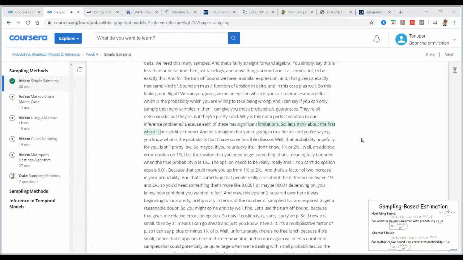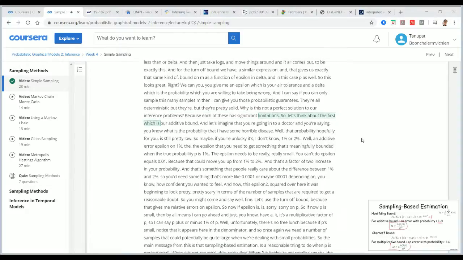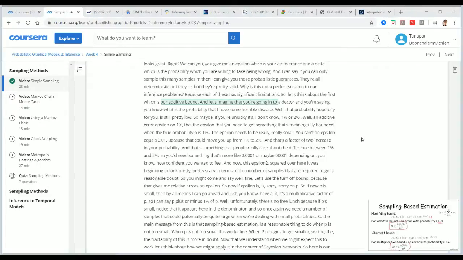So let's think about the first, which is our additive bound. And let's imagine that you're going to a doctor and you're saying, what is the probability that I have some horrible disease? Well, that probability, hopefully for you, is still pretty low. So maybe if you're unlucky, it's, I don't know, 1%, 2%.